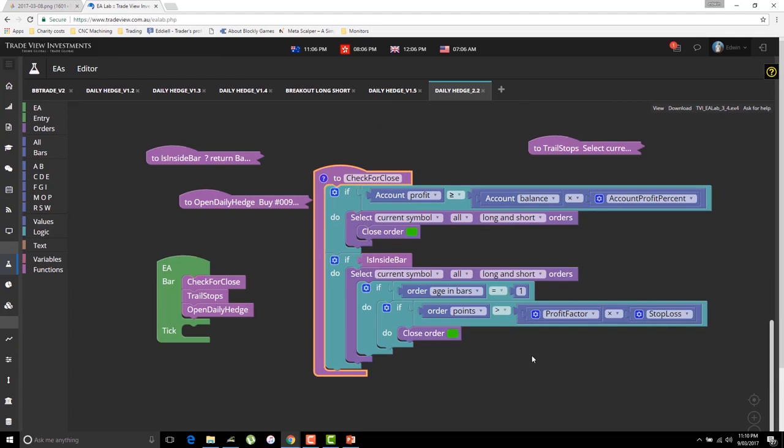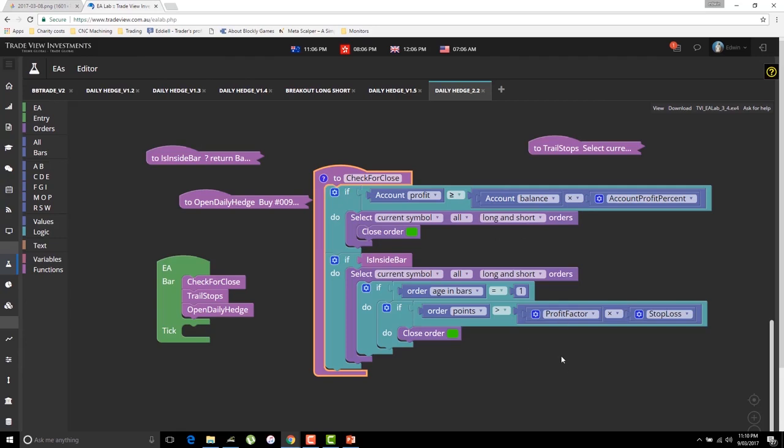Before we were just closing out the orders if it was an inside bar, regardless. Now we're only going to close them if it's an inside bar and they're greater than the profit factor. So if they're in a loss, we're not going to close them out. And if it's in profit but not bigger than the profit factor times the stop loss, then we're not going to close it out.